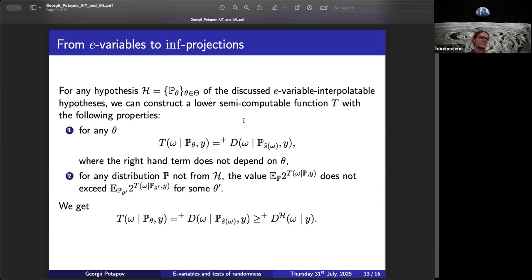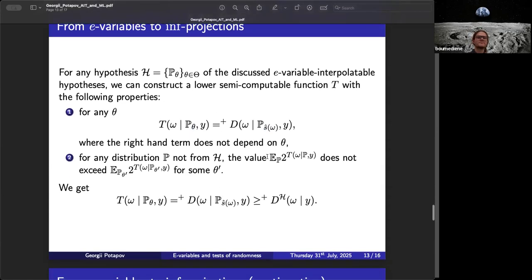And well, with some corrections, we can avoid anomalous behavior on other distributions. Basically, we can do this by comparing the distribution that is given to us to a distribution from our family, from our hypothesis.